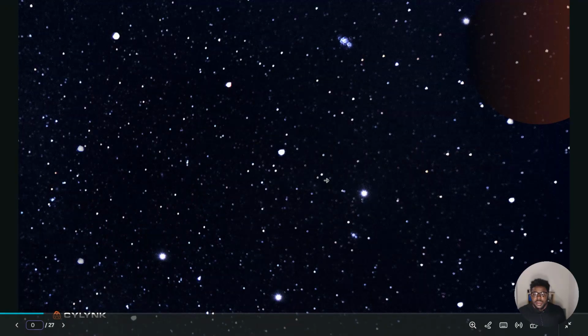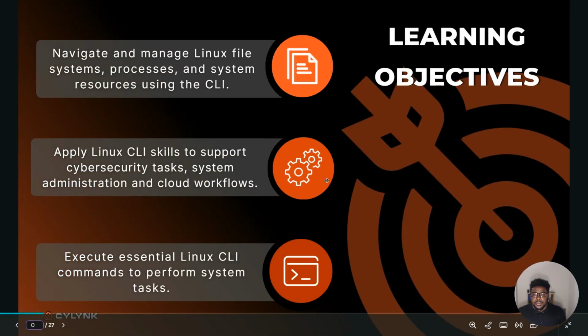So in terms of what is included, in this course, you'll be navigating and looking through every single system process. You'll be looking through every single resource, the structure, layout and architecture of the Linux operating system, or the Linux kernel.